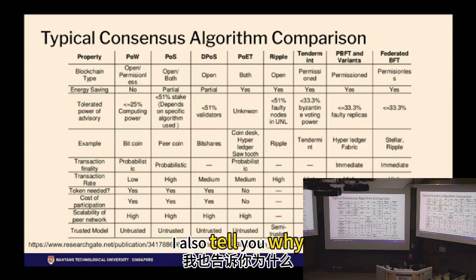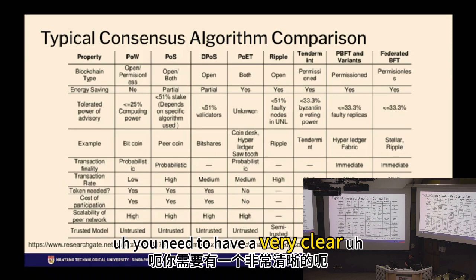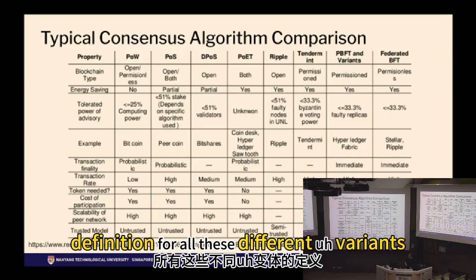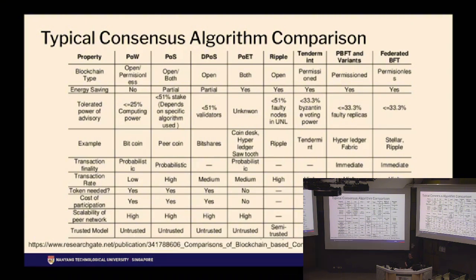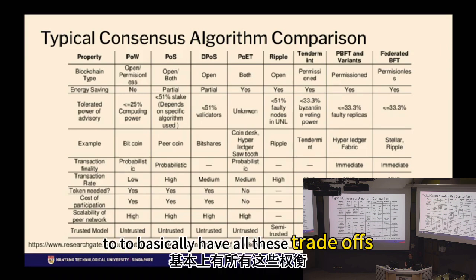I will also tell you why you need to have a very clear definition for all these different variants in order to choose the right consensus algorithm and weigh all these trade-offs.